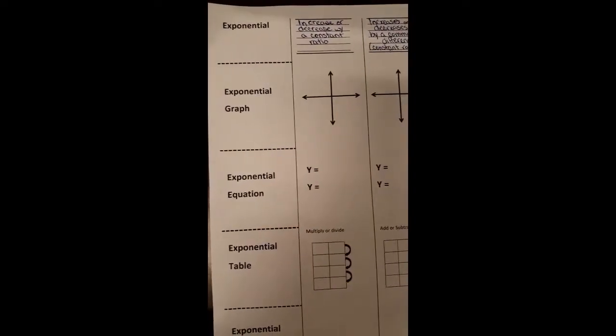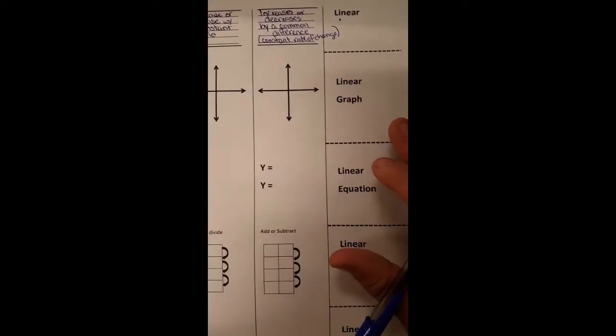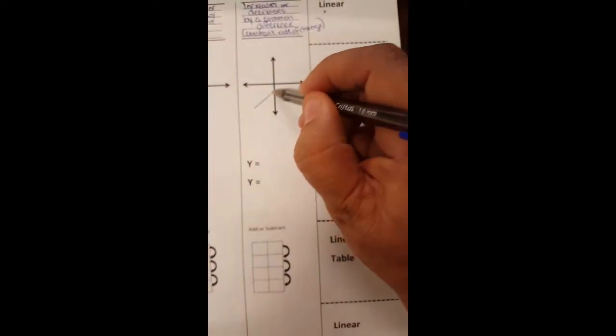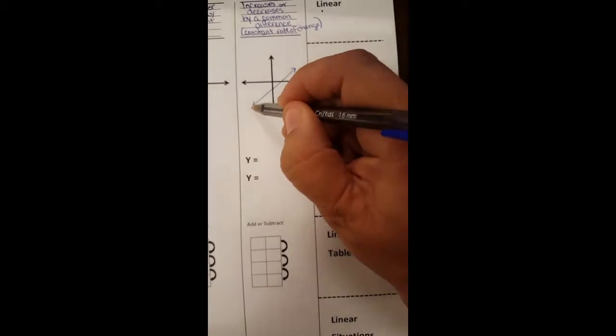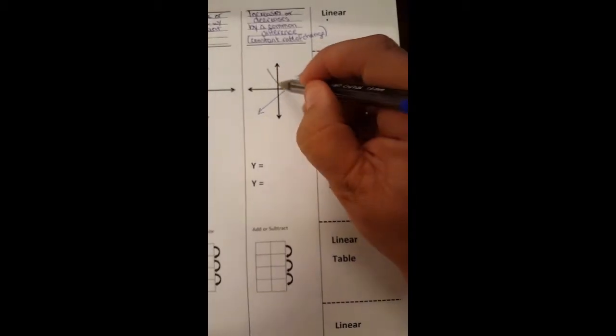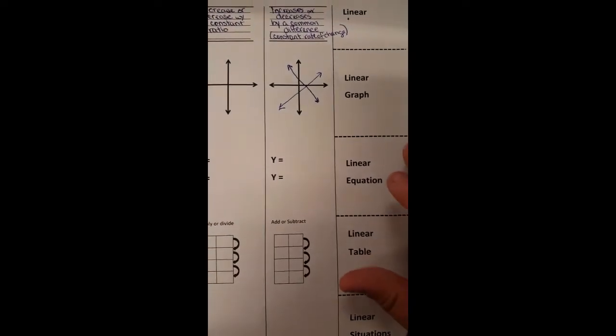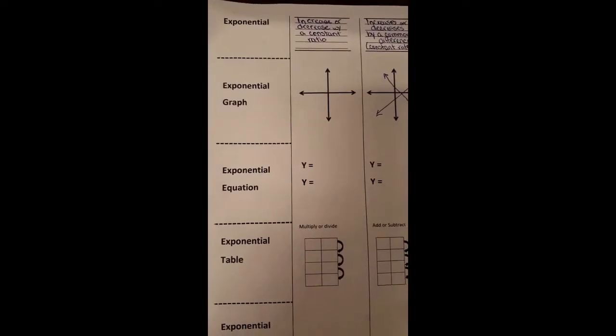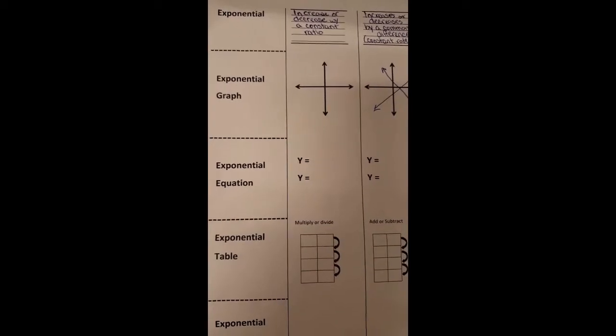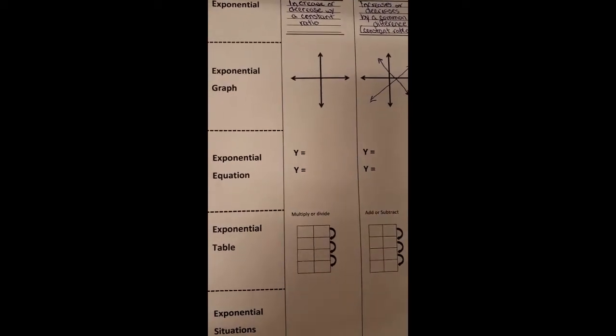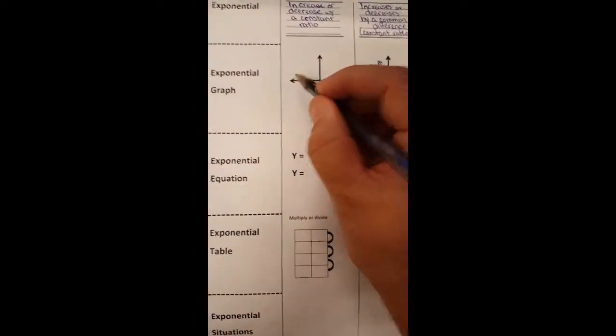Okay, so let's move down to linear graphs first, because I know you know what these look like. If we've got a positive linear graph, it's going to look something like this. If we have a negative linear graph, it's going to look something like this, but they're all straight lines. If we talk about exponential graphs, hopefully some of you noticed this when we did our exponential exploration with the bunnies.